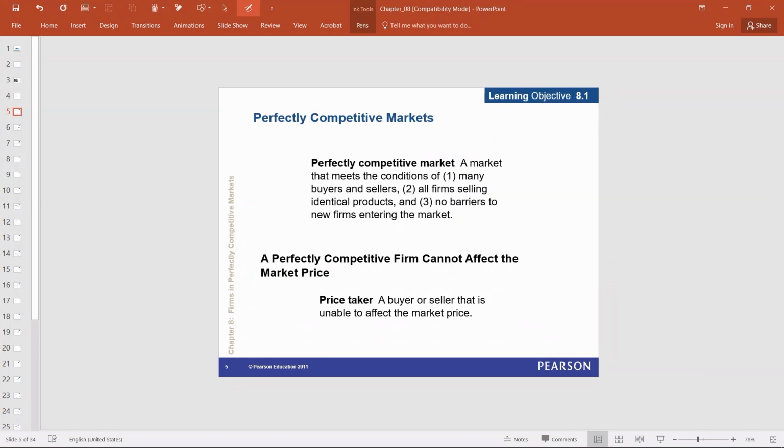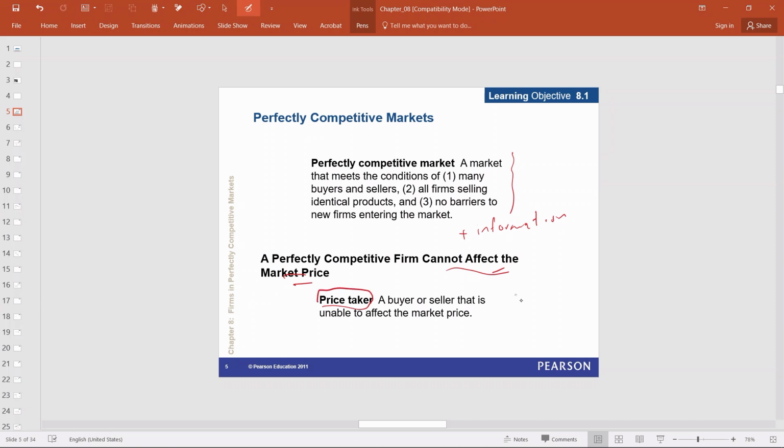So again, the characteristics of a perfectly competitive market are mentioned here again. Plus perfect information is available for both consumers and producers. Plus firms cannot affect the market price, so they are price takers.